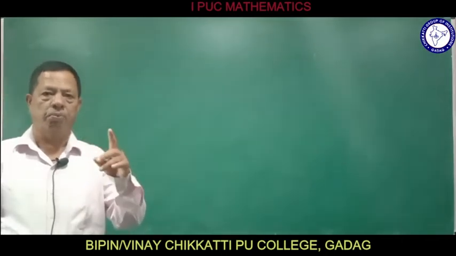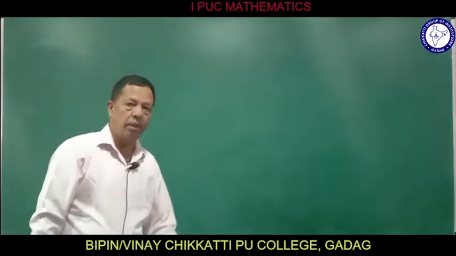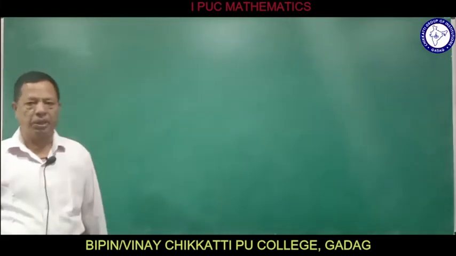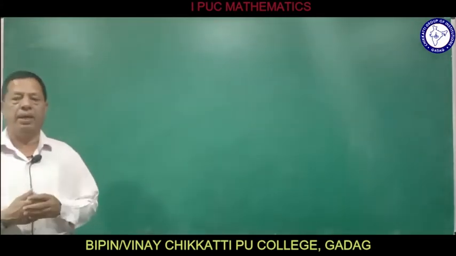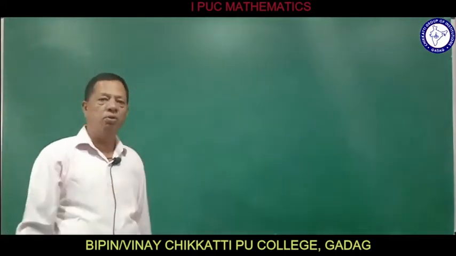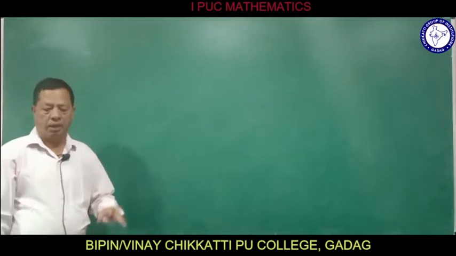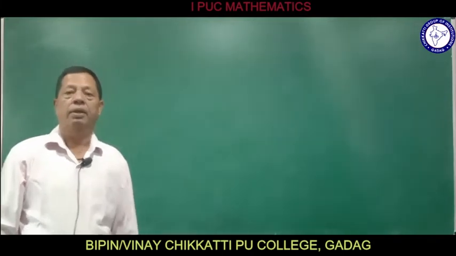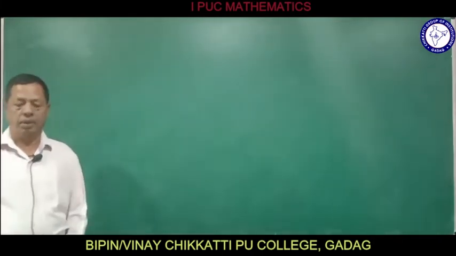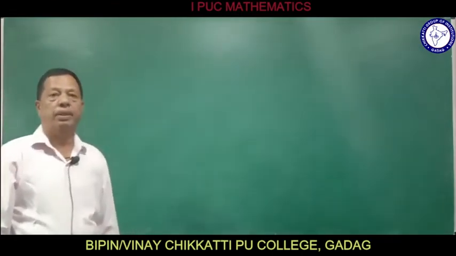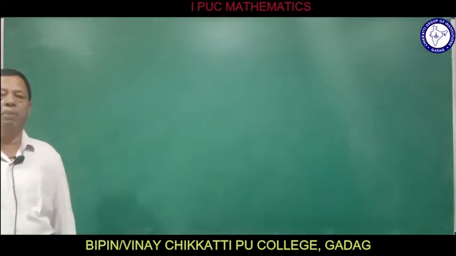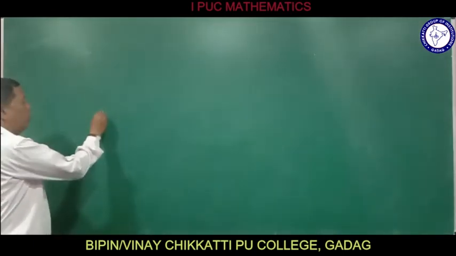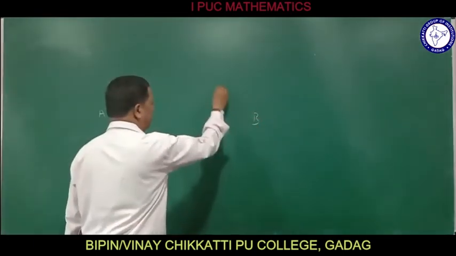So the Cartesian product is nothing but a pair of objects listed in a specific order, separated by a comma and enclosed in parentheses. The Cartesian product of two non-empty sets is defined as A cross B equals (x, y) such that x belongs to A and y belongs to B. Here I want to take two sets as one more example.